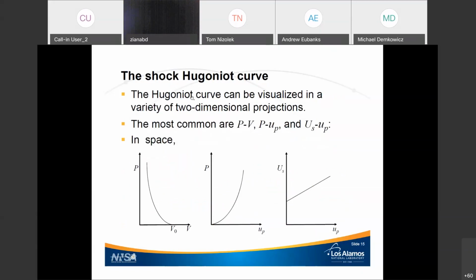The Hugoniot curve, you can visualize in a whole range of projections, but the most common are in pressure volume, in pressure particle velocity, and in shock velocity particle velocity space.